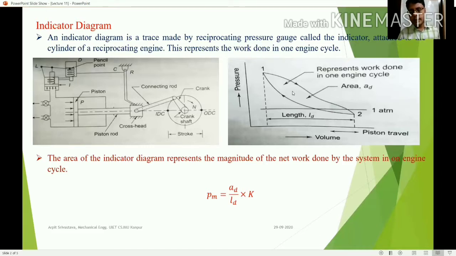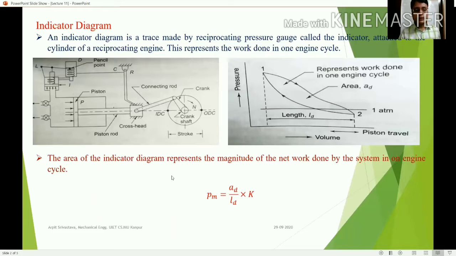The same thing is happening in this figure. The physical significance of this area is the work done in a particular engine cycle.